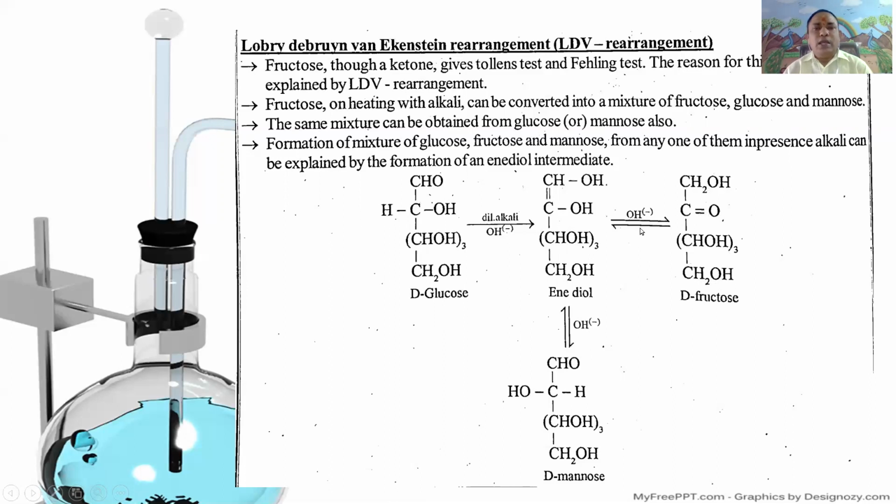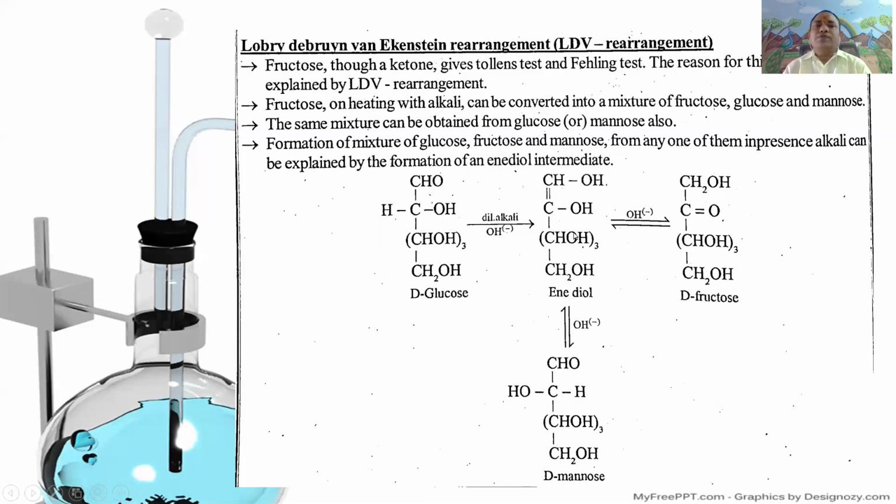Upon treatment with dilute alkali, again it undergoes keto-enol tautomerism to give enediol. The same enediol is also obtained from D-mannose, CHO, CHOH, CHOH taken 3, CH2OH, upon treatment with dilute alkali.